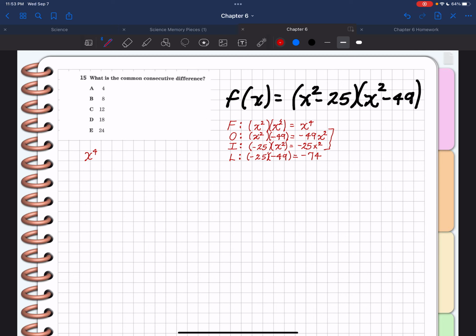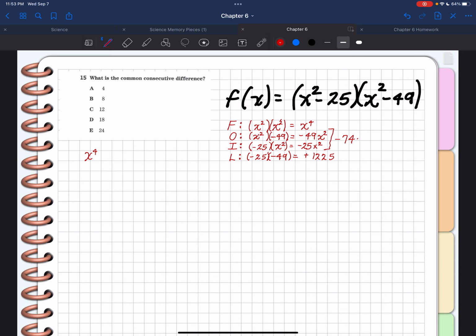So 49 and 25 make 74. What's wrong here? Oh, I added these last two. Should have multiplied. 25 times 49. Thought that looked funny. Is positive 1225.